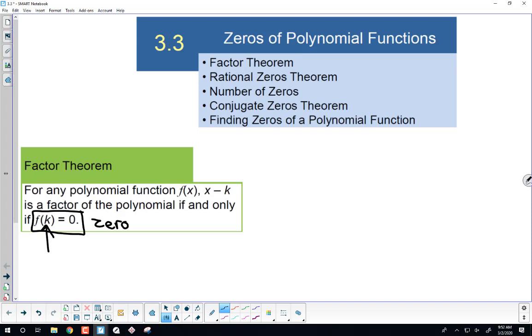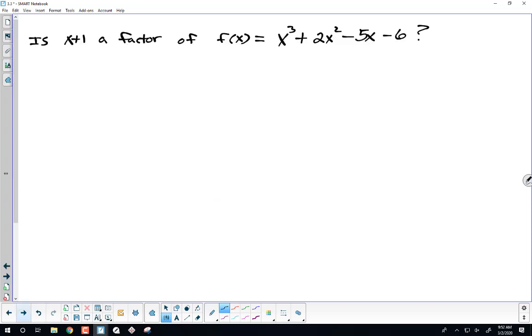So all that's really telling us is if we know the factors, we know the zeros. If you know the zeros, you know the factors. Okay, we're going to start off with this example.